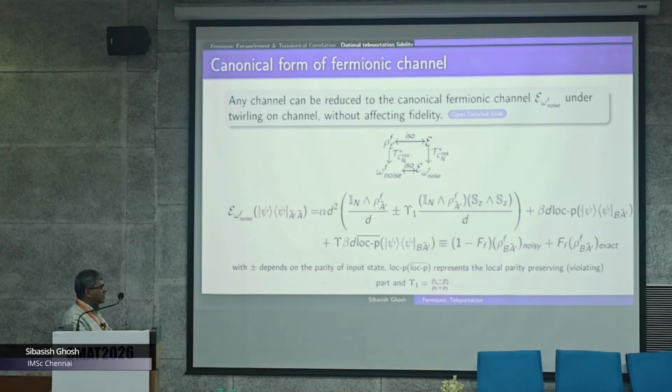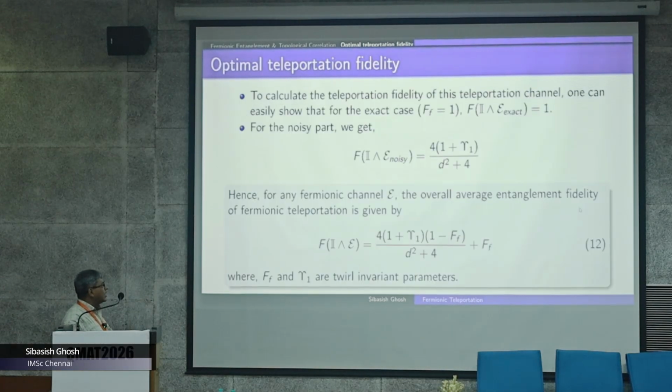Okay, so this is the ultimate form. This is the noisy part, and this is the exact part. This exact part you can use to teleport exactly, and this noisy part, of course, you cannot do exactly. Okay, so there are some relations with these parameters, gamma 1, p1, p2, etc. I'll not go into that part.